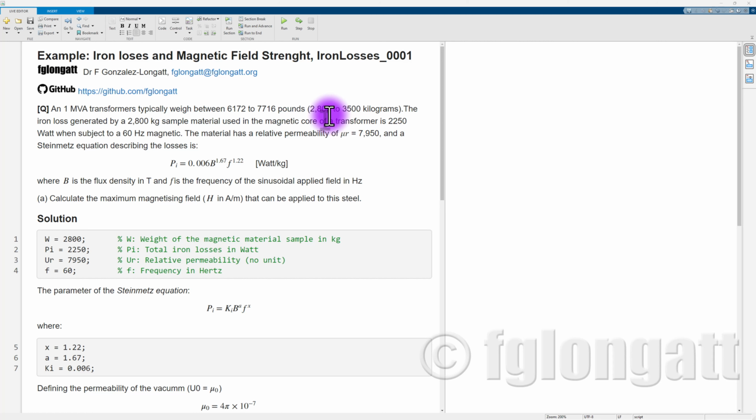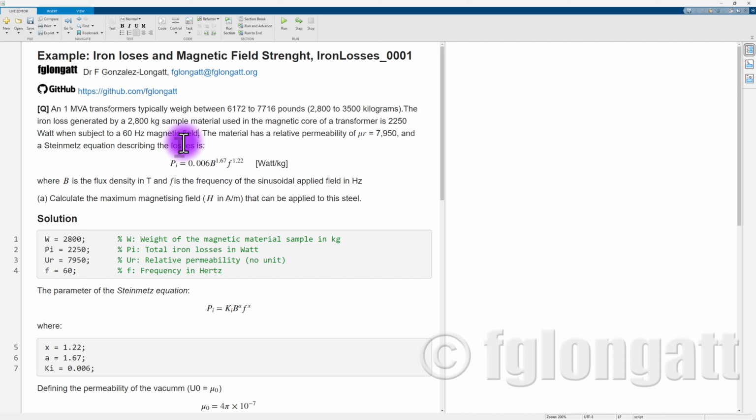So we know that the iron loss generated by 2,800 kilogram samples of material used on the magnetic core of a transformer is 2,250 watts when subject to a 60 Hz magnetic field.